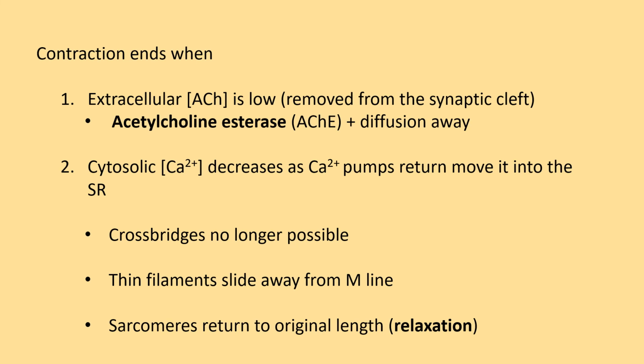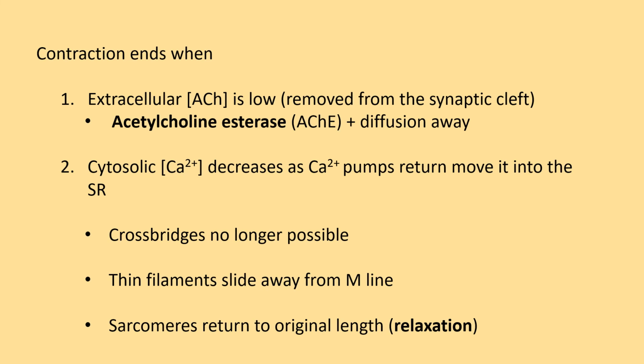And the tropomyosin, once again, changes shape to cover up the binding sites on actin. When troponin and tropomyosin are covering the myosin binding sites, then cross bridges become impossible. There's no physical connection between the thin filaments and the thick filaments.